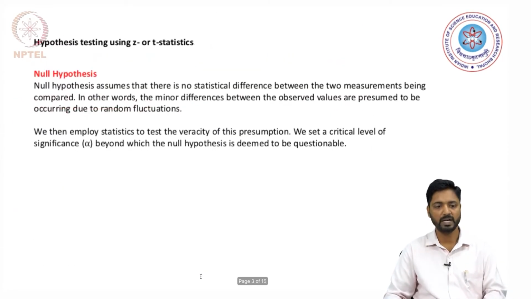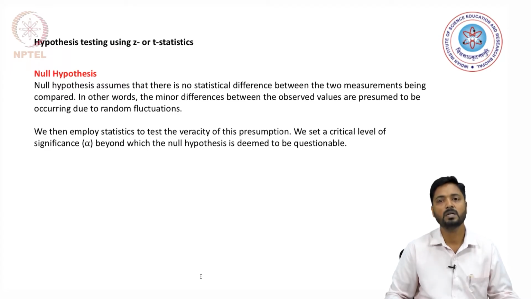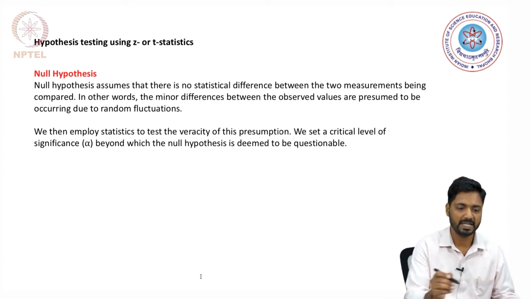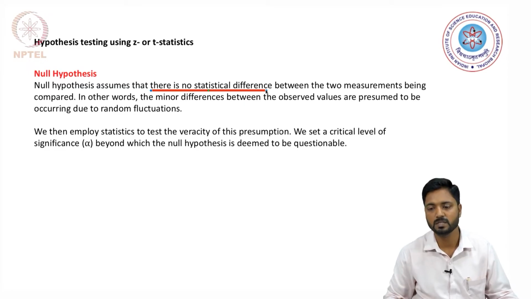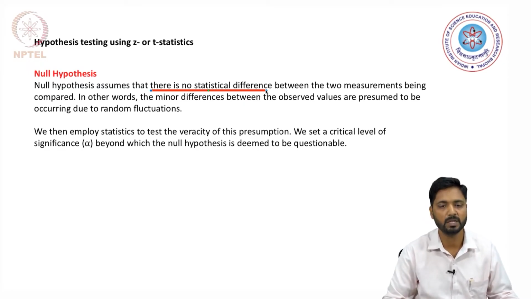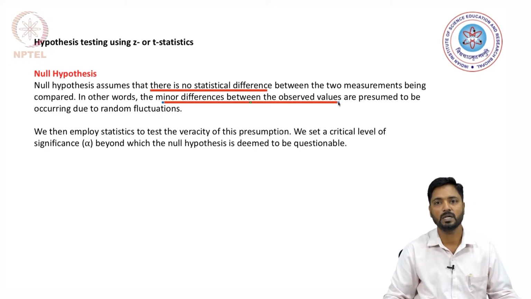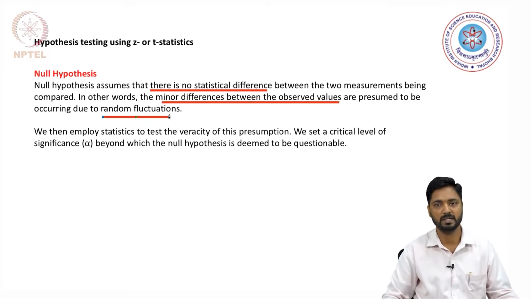So, moving ahead, let us first describe what we understand by null hypothesis. Null hypothesis is a presumption which says that there is no statistical significance between two measurements being compared. In other words, any minor differences between the observed values are presumed to come due to random fluctuations and are not real.